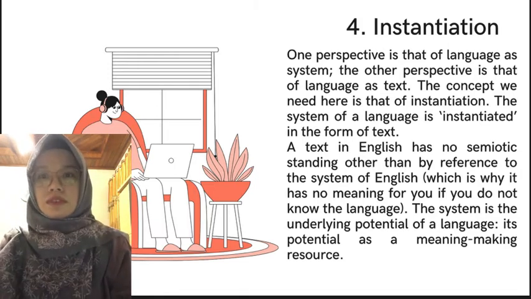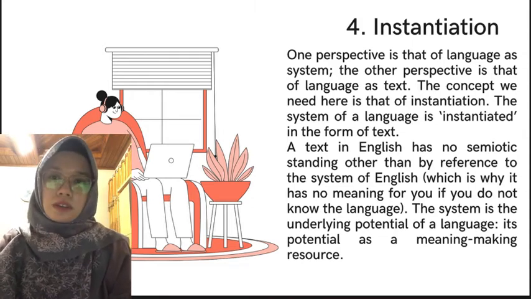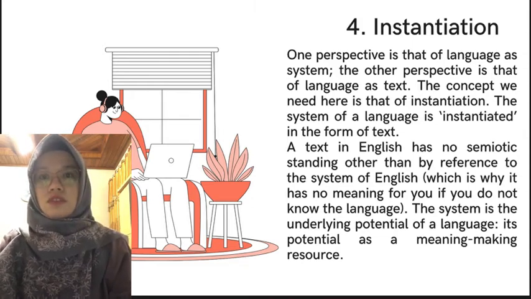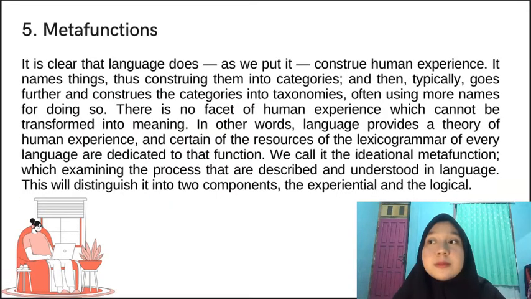The system is the underlying potential of language, or its potential as a meaning-making resource. This does not mean that it exists as an independent phenomenon. There are not two separate objects, language as a system and language as a set of texts. Okay, we go to the last one, which is metafunctions.